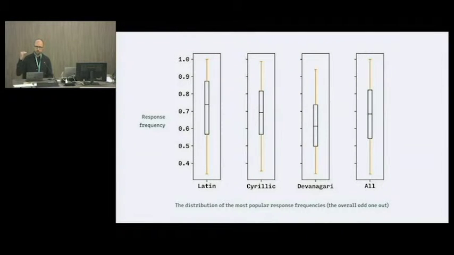So 1 says everyone knew what to answer. 0.33, that's 1/3, says they were equally divided. No one had a clue. And it seems that for Devanagari, either people didn't know what to do. I think I might have some grammatical errors in the instructions, which is embarrassing.